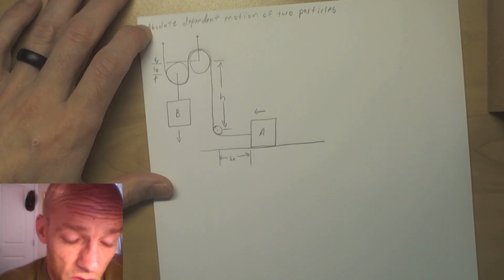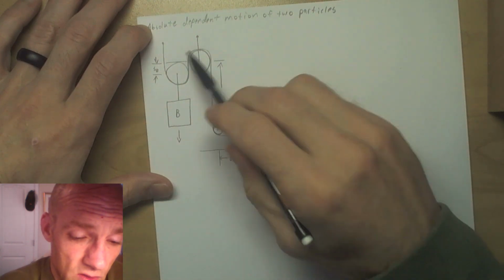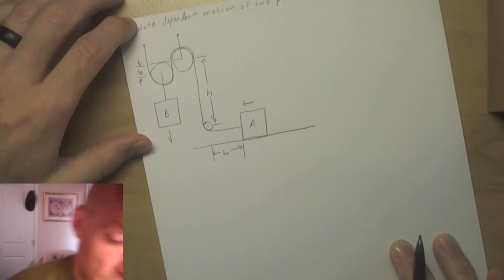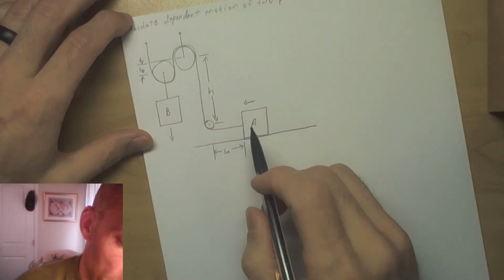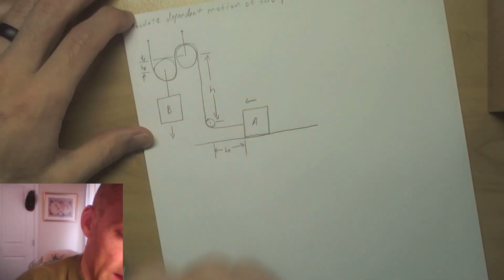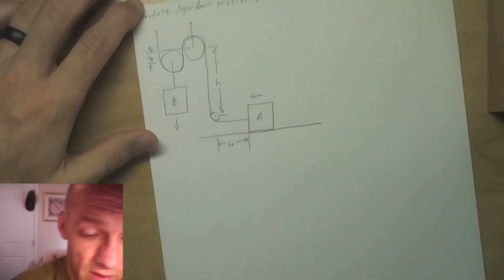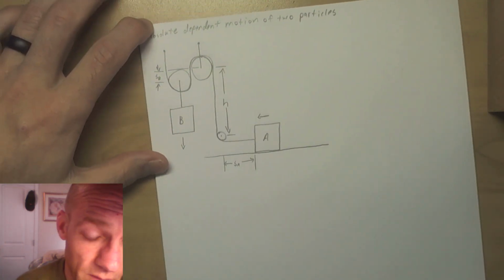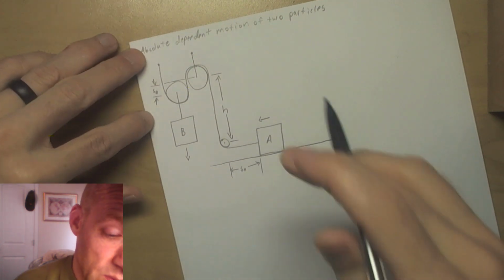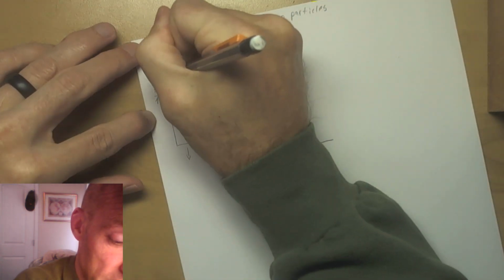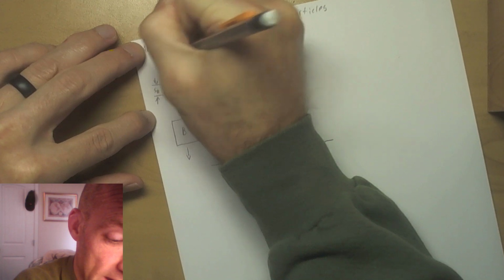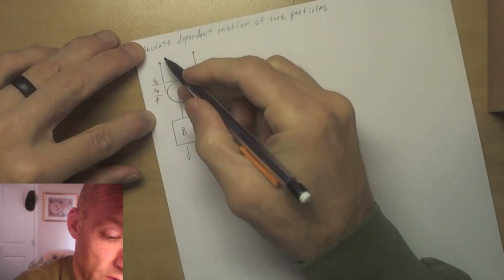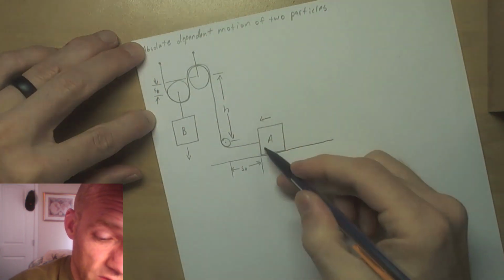In these sorts of situations, the first thing you can do is write a relationship for the length of the cable as a function of the parameters that are given to you or parameters that you can make up. So here is an anchor point for the main cable that snakes around that way.